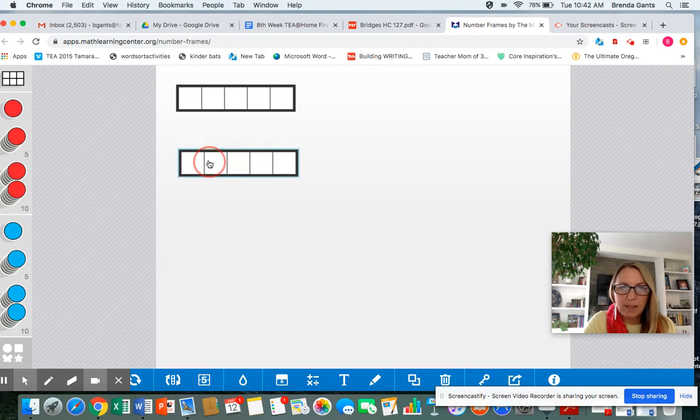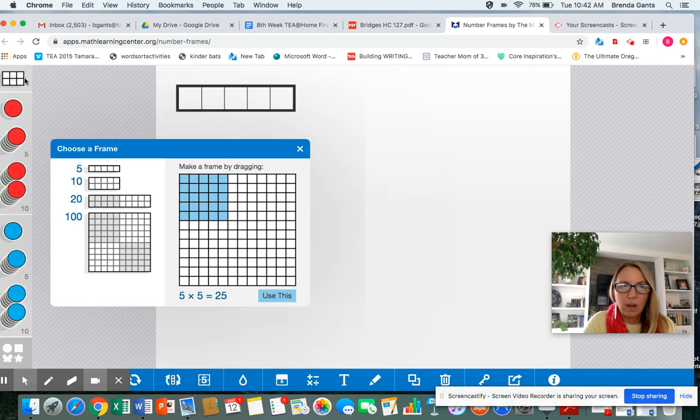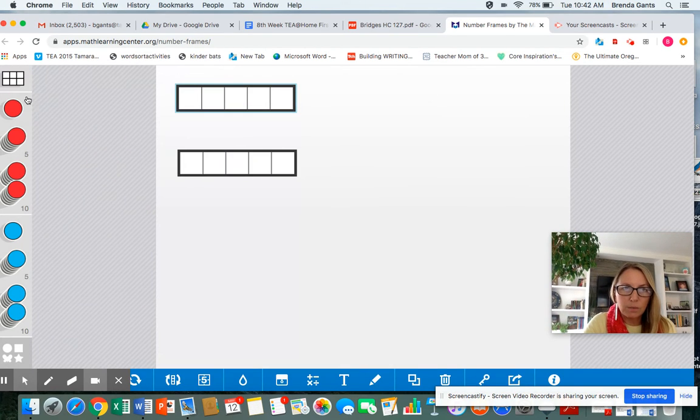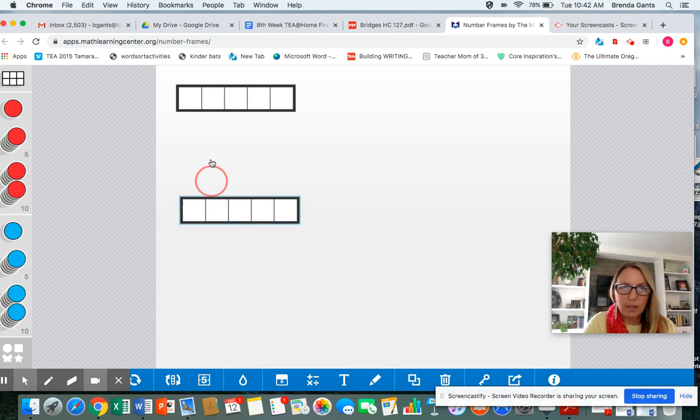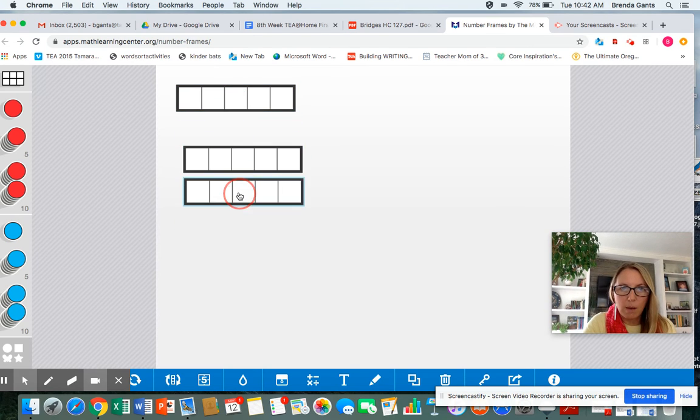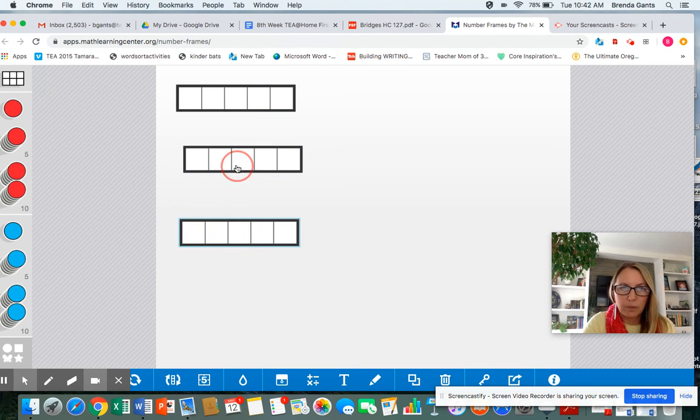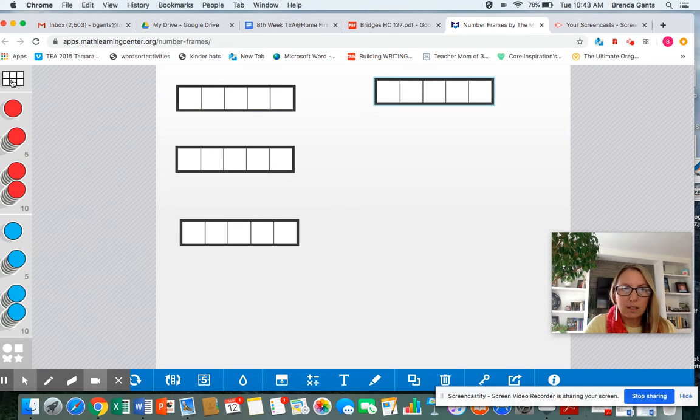Oh, see how they get on top of each other? So I need to make one of these for each. It went right on top, so I have to drag it down. I have to make one of these for each of the ants. Each ant is going to have 3 seeds, and there are 6 of the ants.